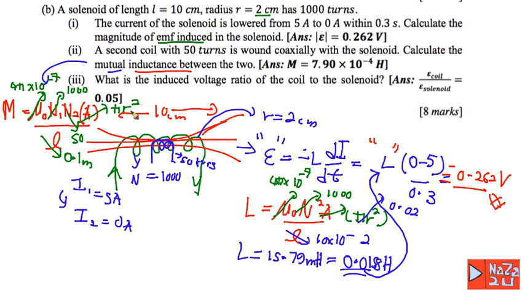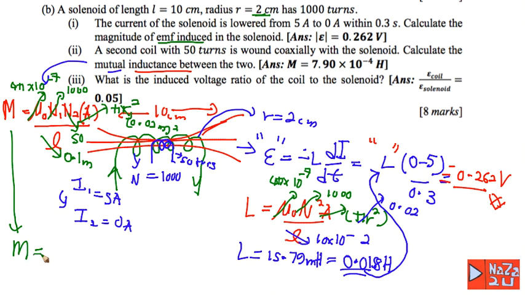R is the radius, 2 centimeter, or 0.02 meter, squared. So you can find the value of the mutual inductance.